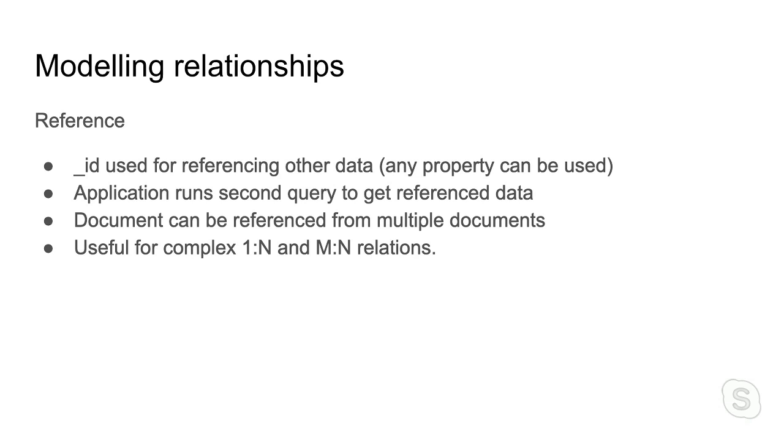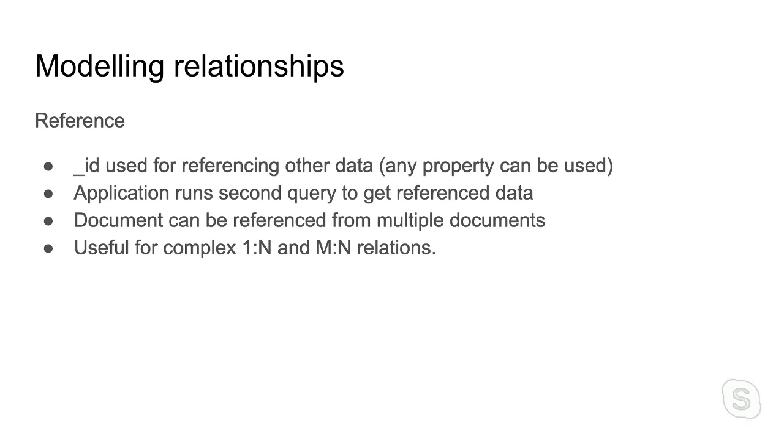The other option how you can structure data is referencing. It's similar to what you know from a SQL database when you've got some keys. In this case, you must have some identifier. By default it's _id, but you can use any property.